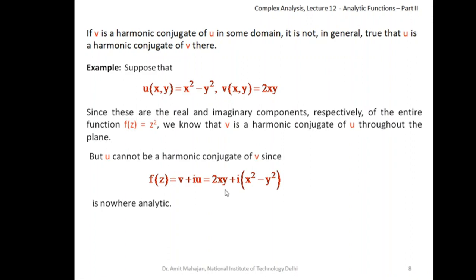If you check the Cauchy-Riemann equations for this function, you will find that they are satisfied only at the origin and not at any other point z. You can check that the x derivative of this must be equal to the y derivative of this, which gives y = 0, and the y derivative of this must be minus the x derivative of this, which gives x = 0. So the function is not analytic anywhere.